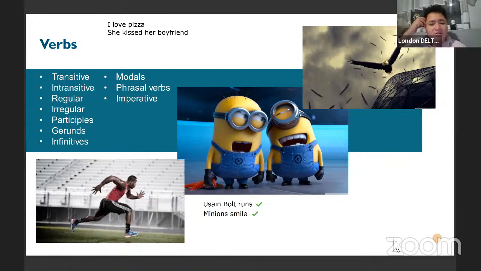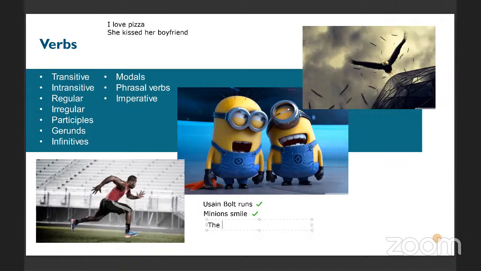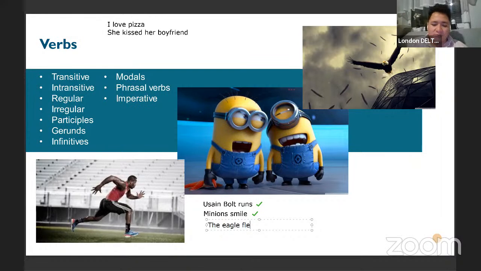So that's the intransitive verb. And the other one, what is the verb? Fly. The birds fly. The eagle flies. So you don't need to add anything else because the verbs are complete just by themselves.